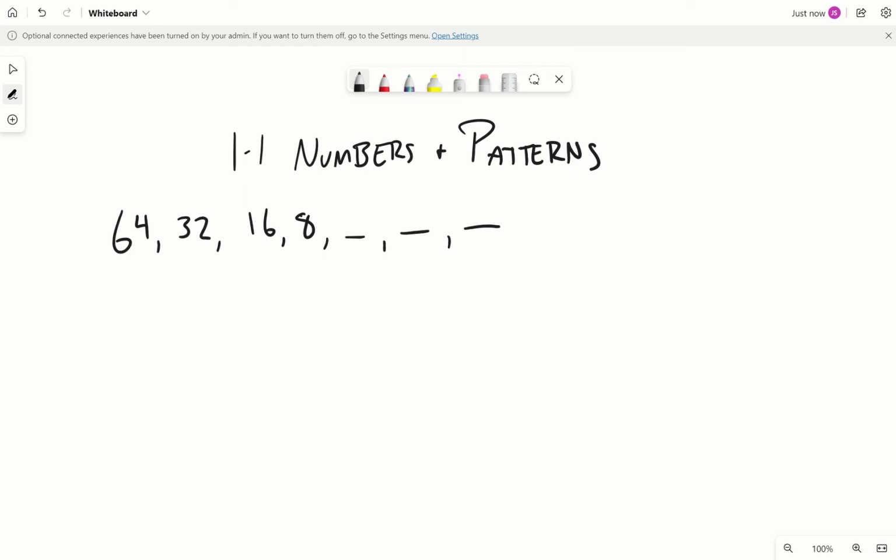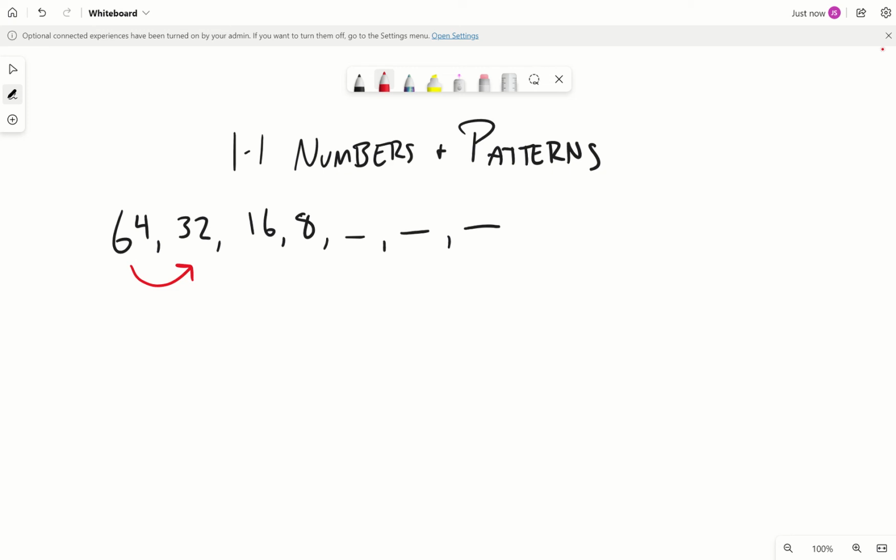Well, to see this pattern, I want to think about, okay, what am I doing here? What's happening in between each of these numbers? So I want to look and say, all right, how am I getting from 64 to 32? What am I doing here? Well, I'm doing a couple things. There's a couple different ways I can get from 64 to 32.